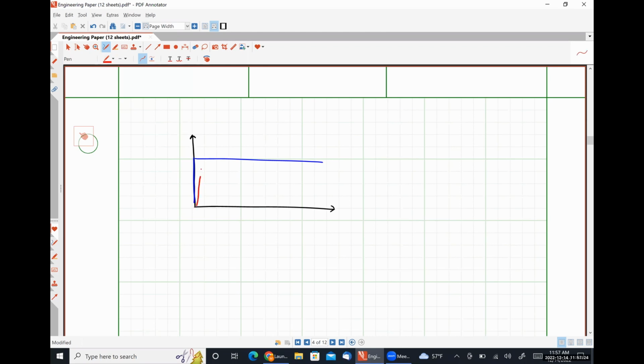So it's going to come up to what it's going to settle to very quickly, but then it's going to overshoot it, come back around like so. And it looks like an exponentially decaying sinusoid there, okay?